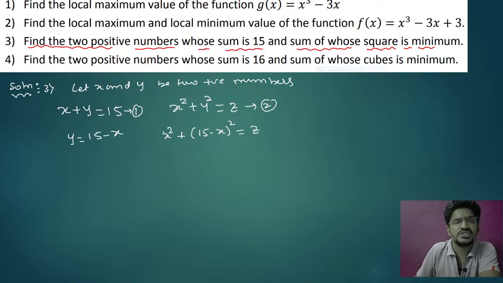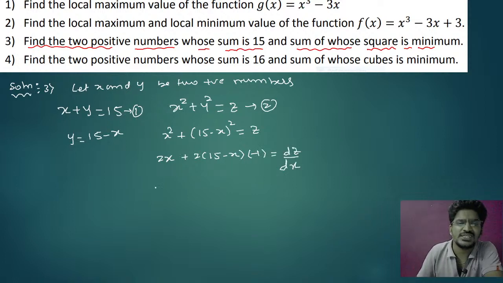Now if you differentiate this, it will be 2x plus 2 into 15 minus x into minus 1 equal to dz by dx. We have to equate it equal to 0. So that will be nothing but 2x minus 2 times 15 minus x equal to 0.